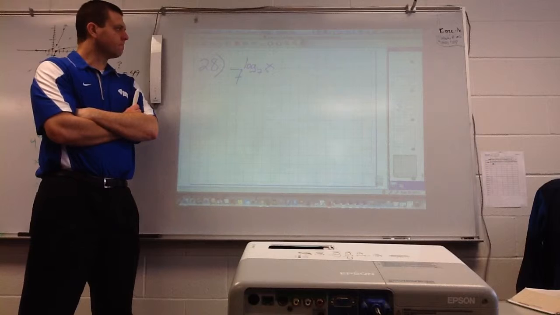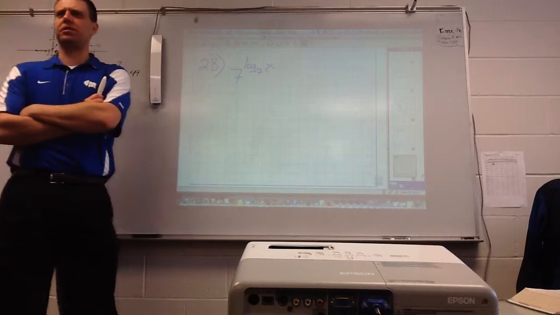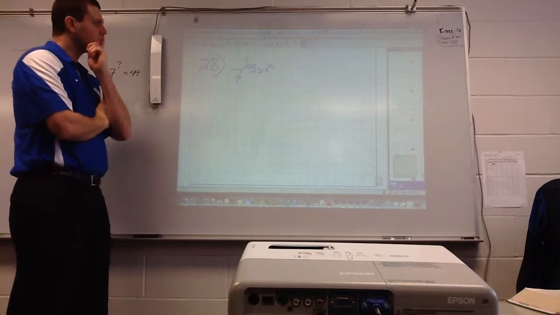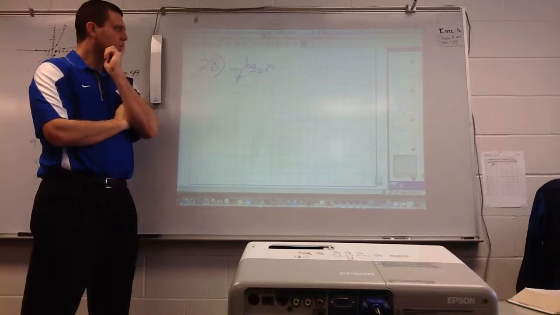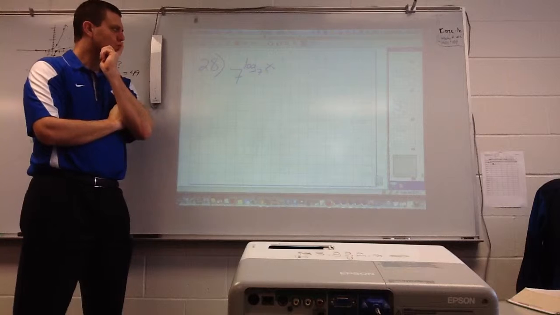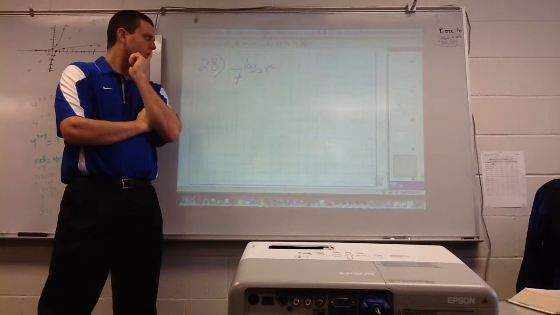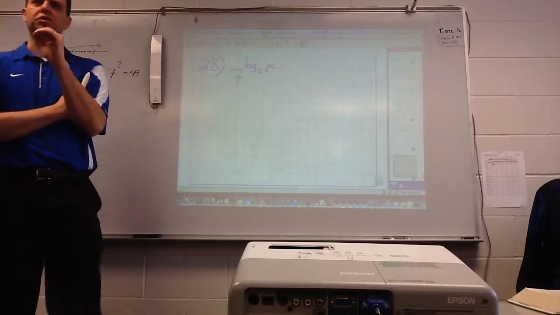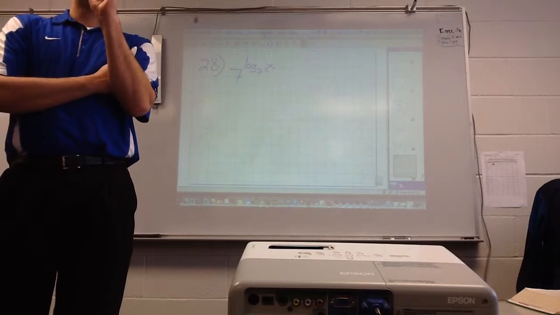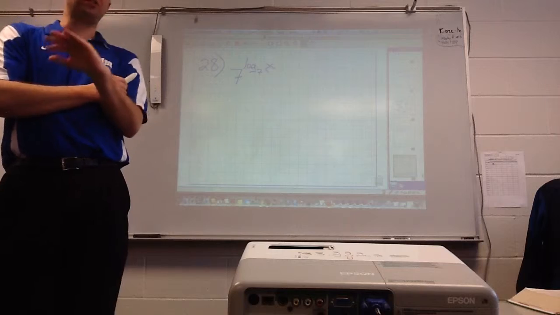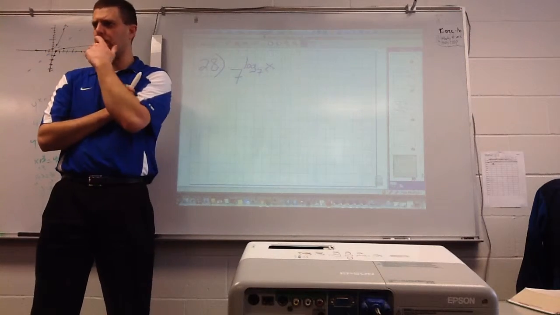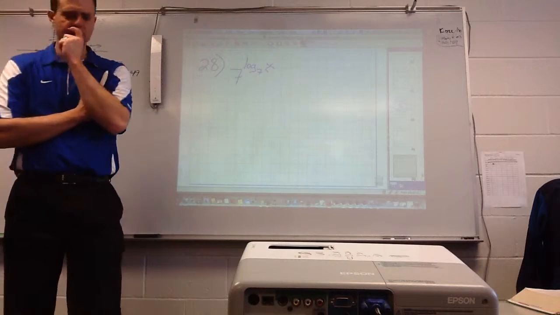This is one we have not really discussed yet. I'm going to have to show you what happens when you plug an inverse function into its original function to show you what happens here.